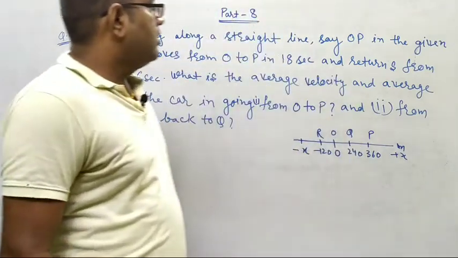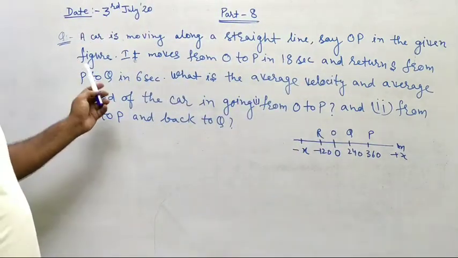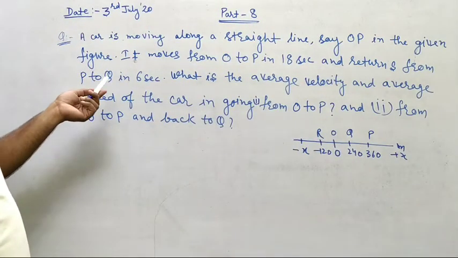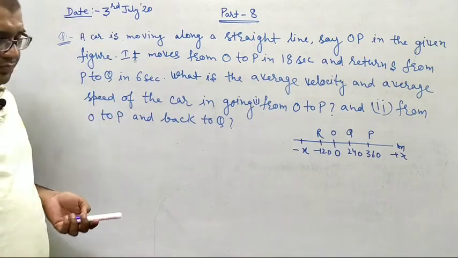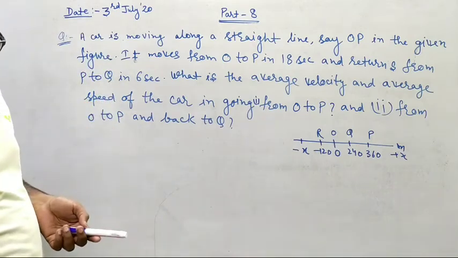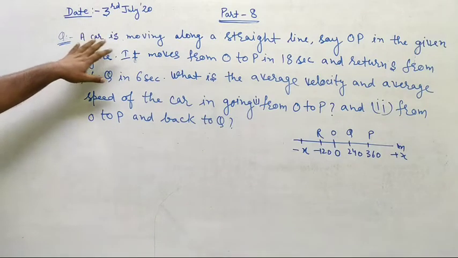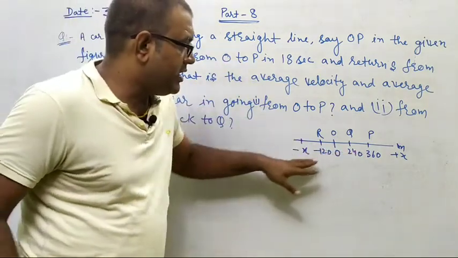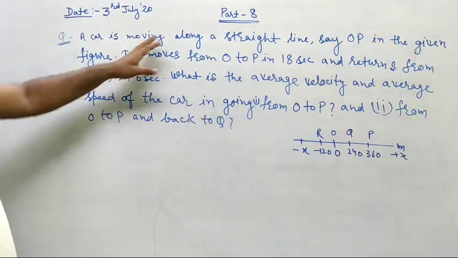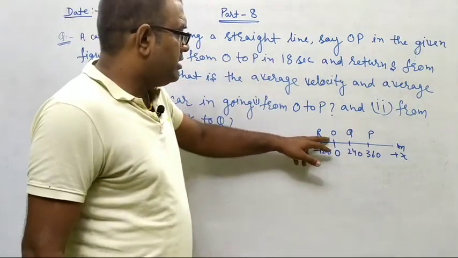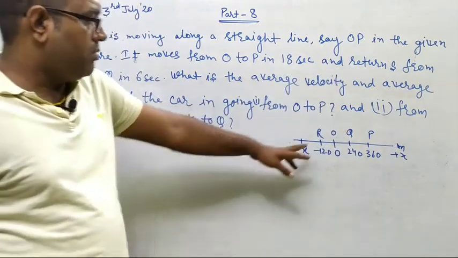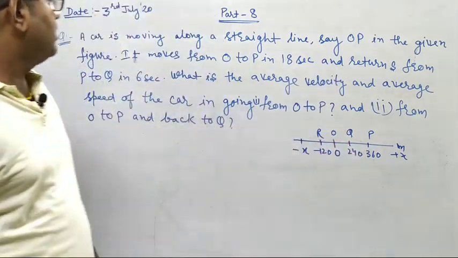Yes students, now we will go for a numerical based on average speed and average velocity, and look at the question. A car is moving along a straight line, and say OP is the straight path.